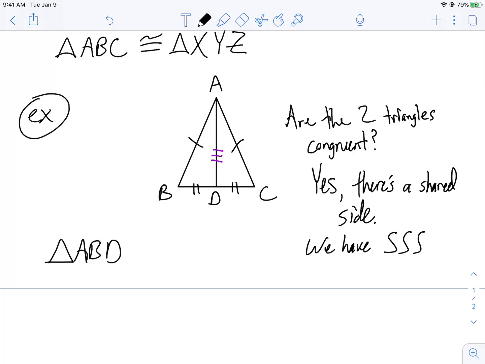That's the triangle on the left. So I'm starting at A, going to B, and then going to D. It's going to be congruent to the other triangle. And this other triangle, well, A is going to be congruent with A, and here's why.